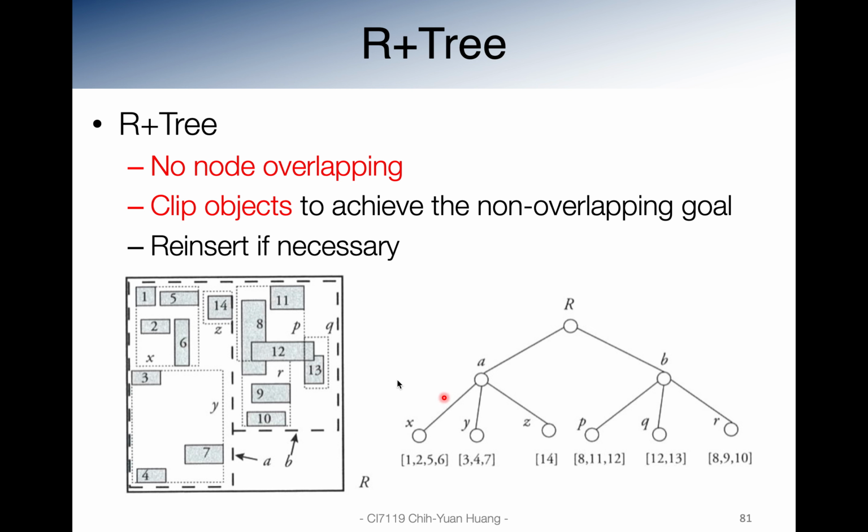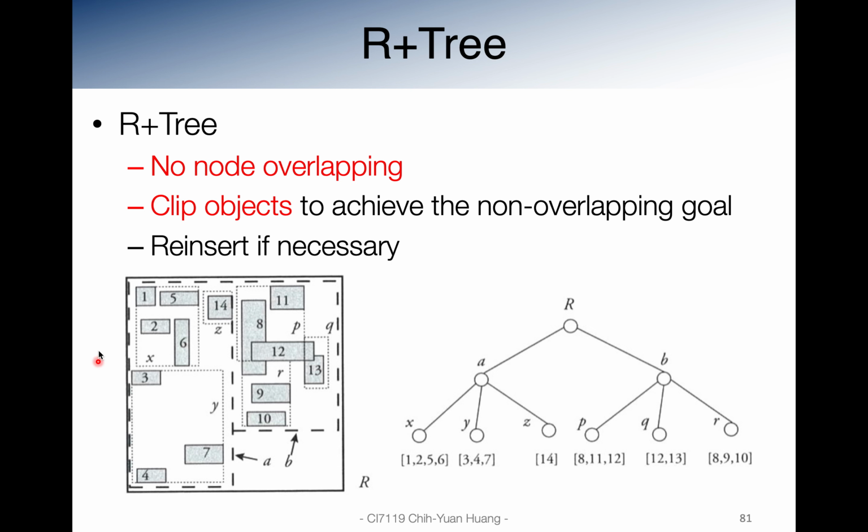This characteristic is achieved by having the objects clipped to achieve this non-overlapping goal. And the R plus tree also has the same mechanism as the R star tree, where reinsertion can be applied if necessary.